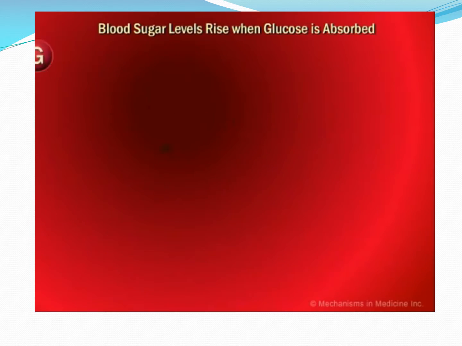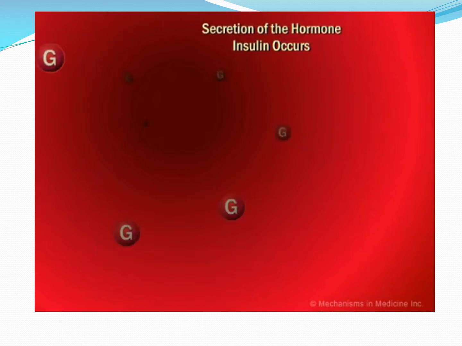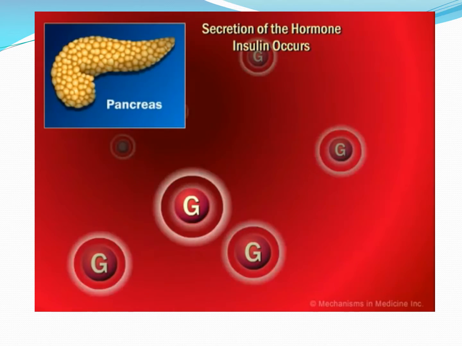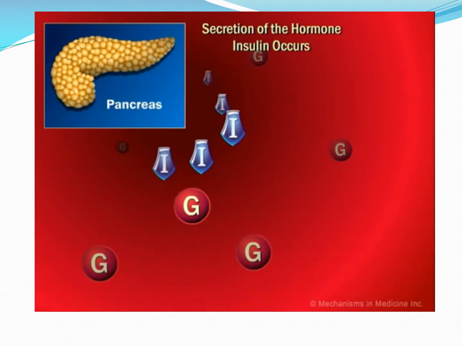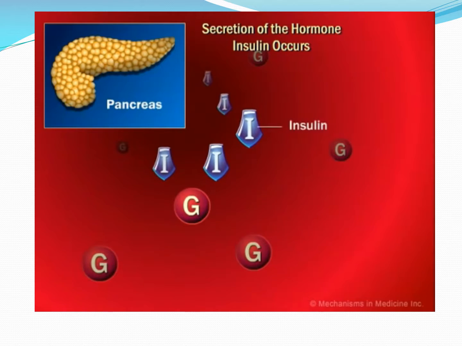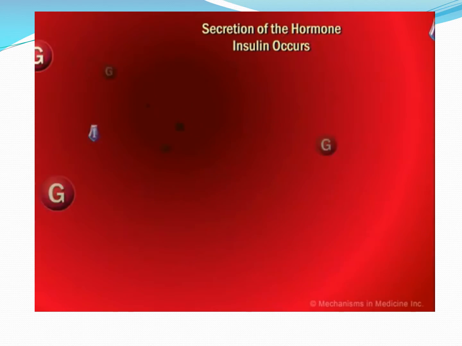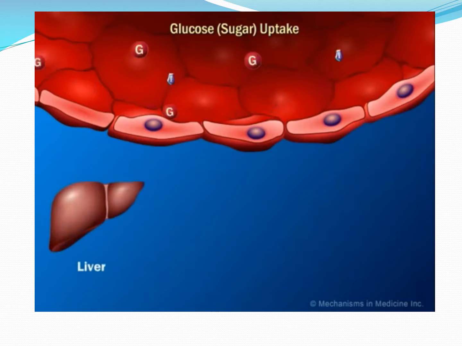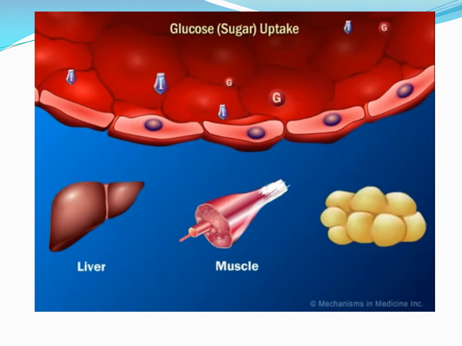Once absorbed into the bloodstream, glucose circulates, causing the blood sugar level to rise. An increased level of blood sugar sends a signal to the pancreatic beta cells, which respond by secreting the hormone insulin into the circulation. Insulin is necessary for glucose to reach and be used by several important target tissues throughout the body.